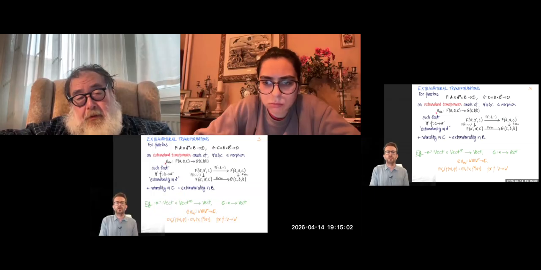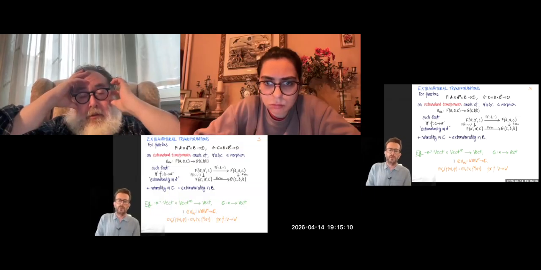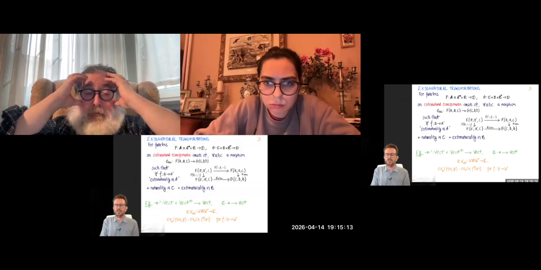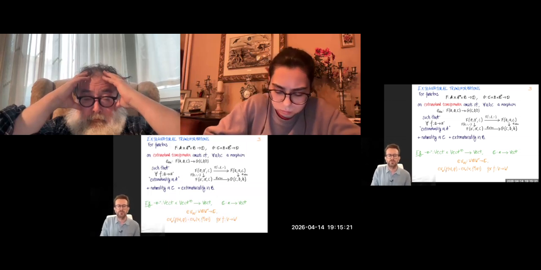So our component of this just takes an element of W and an element of a dual and evaluates it on. And this satisfies this extranaturality. So if we have any f from V to W inside Vect, evaluation satisfies this property.